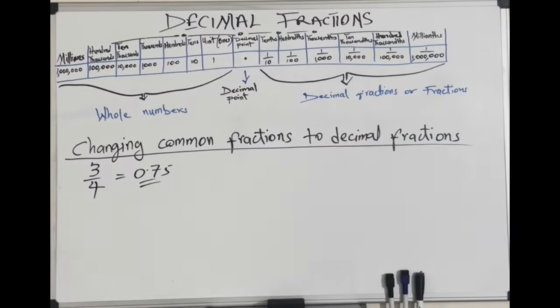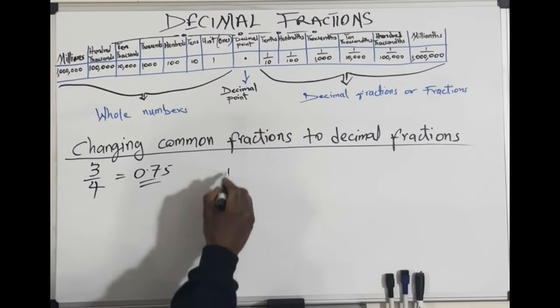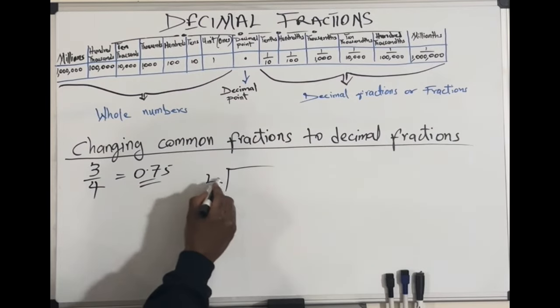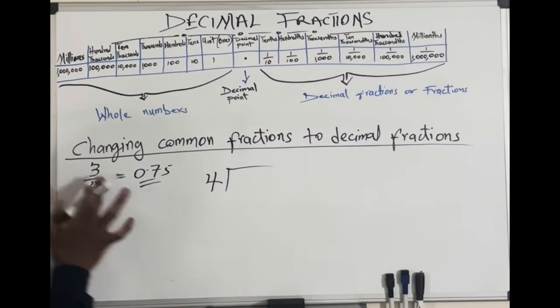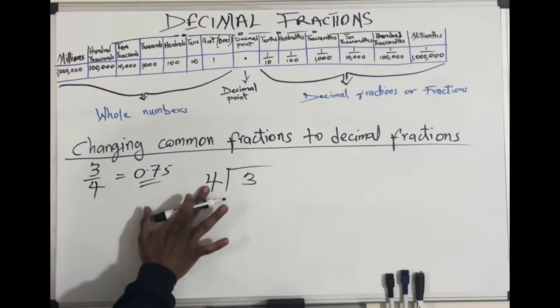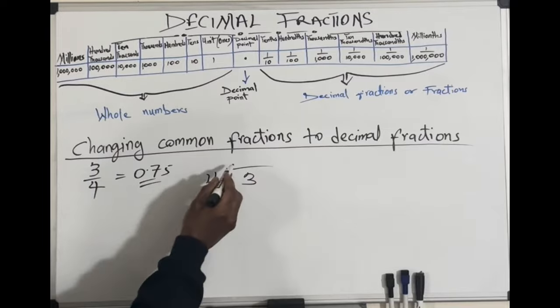But let's use the long division method to remind ourselves. So long division, always the denominator comes here, numerator gets into the box. 4 goes into 3. 4 times one number will give us 3. It can't. So we have to bring what?